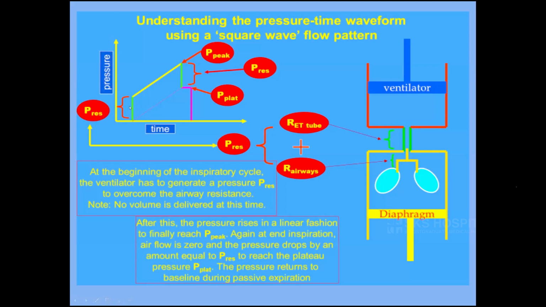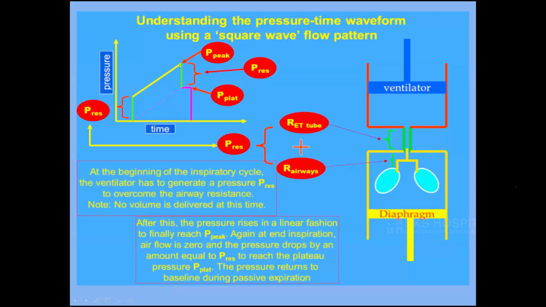During that time, this much resistive pressure is being added. Only then you would have the recruitment of the alveoli, given by the upstroke and reaching the peak pressure. And this peak pressure will fall once the flow stops or no more volume is being delivered. That's when a drop in the pressure would happen.